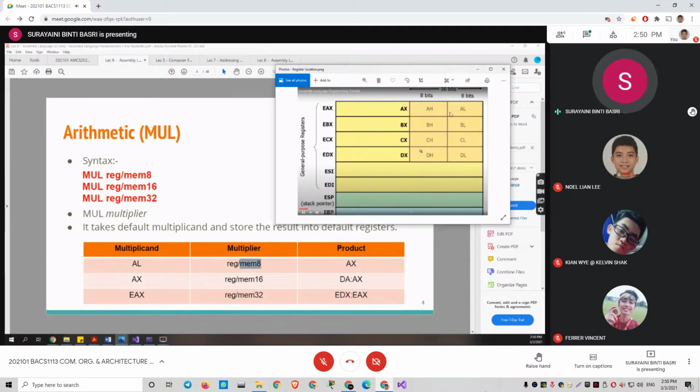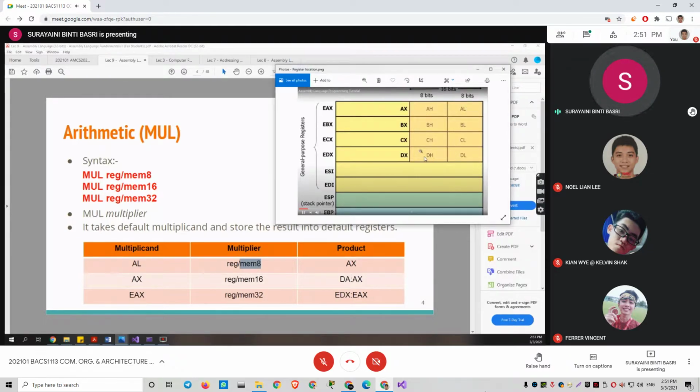Actually, this is DX, not DA. So when we multiply 16-bit numbers, it will be stored in two locations, AX here and DX here. But the least significant part will be stored at AX.